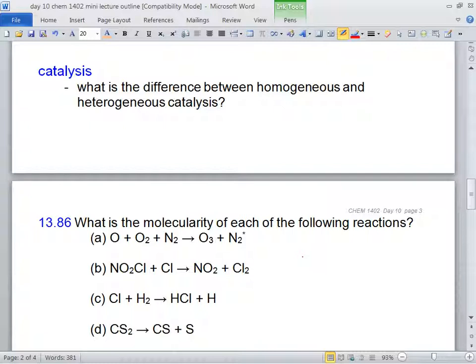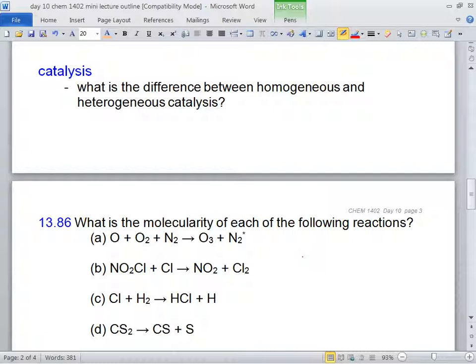It's a powder, so the sensor is a solid. It's detecting a gas. Those are 2 different phases. Which word meant different, hetero or homo? Hetero did. So this catalyst in here, which I can't tell you what it is, even though it isn't working very well, because maybe I can get it to work someday, that's got to be a heterogeneous catalyst, because it's a different phase than what the reactants are.